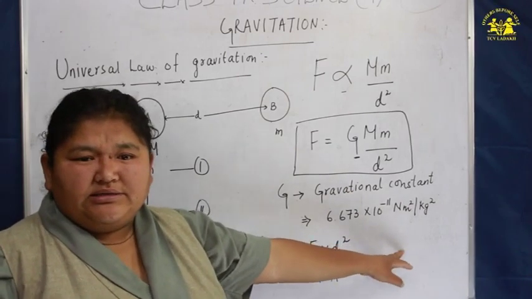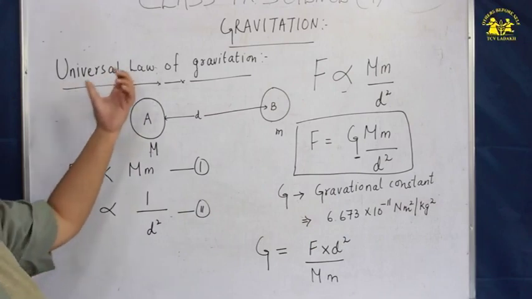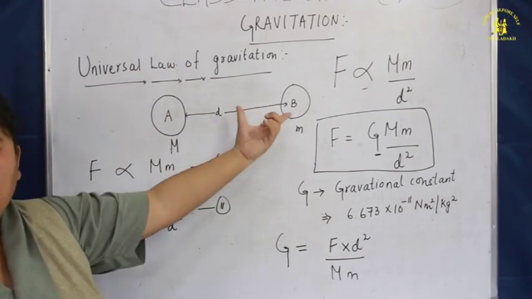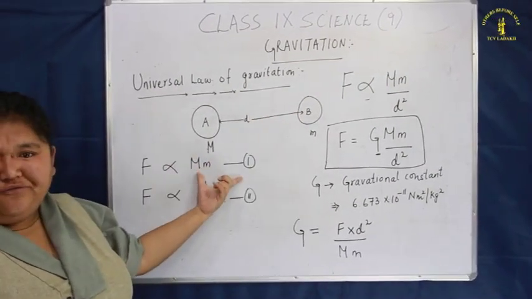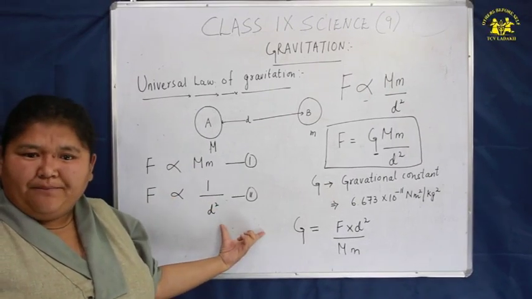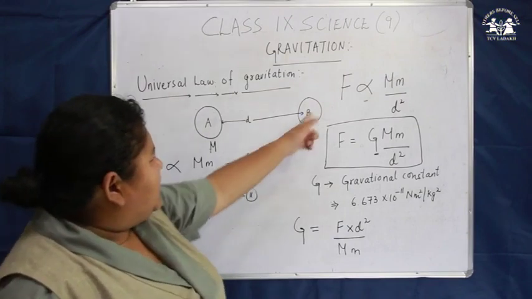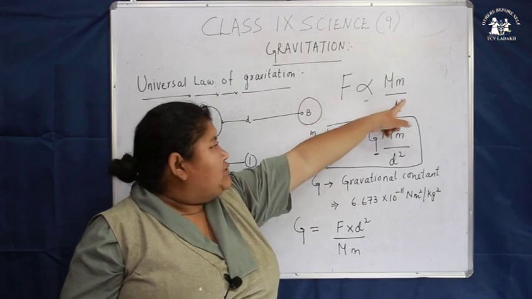Is it clear? So this is how we explain the universal law of gravitation, right? Two objects attract each other with a force which is directly proportional to the product of masses and inversely proportional to the square of the distance between them. And by arranging the equation, we get F proportional to capital M into small m divided by d square.